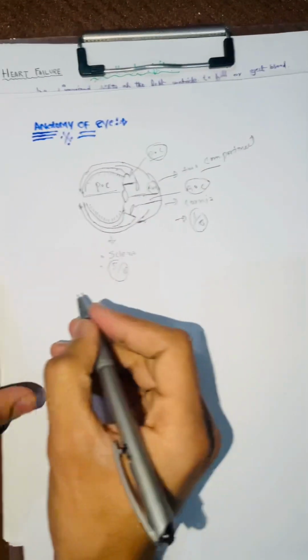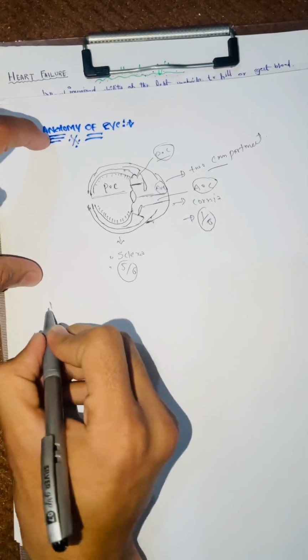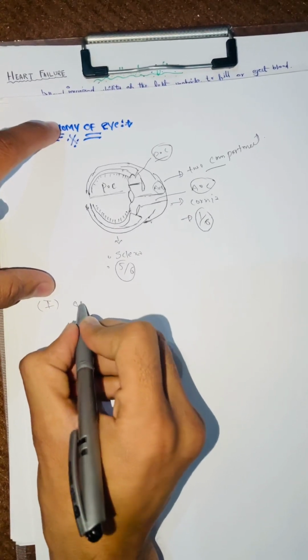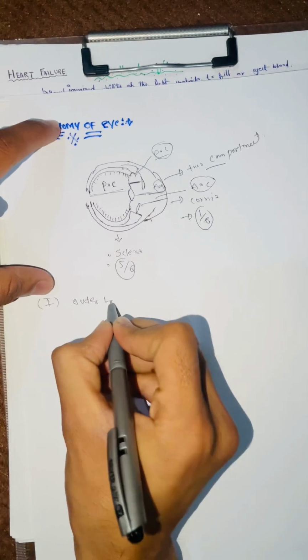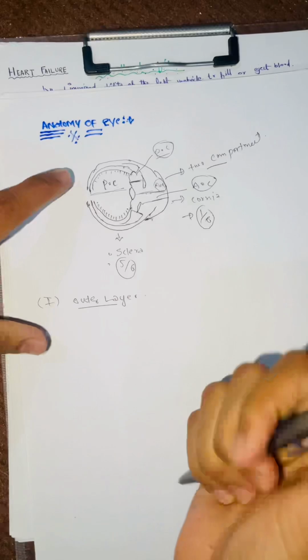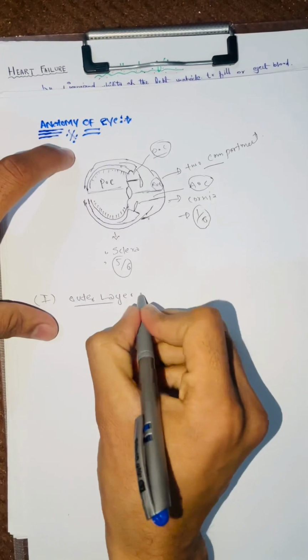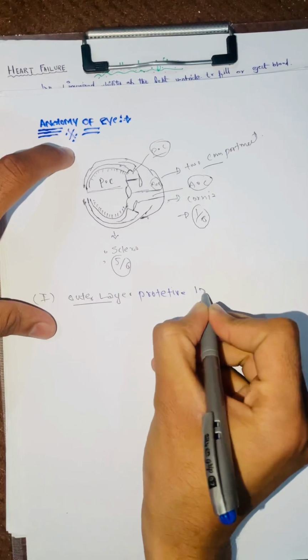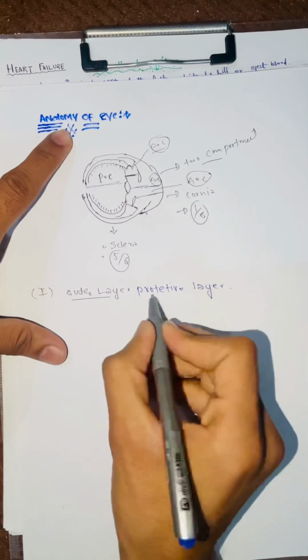Now we have to explain here one by one. The one is the outer layer, which is the protective layer, consisting of two parts.